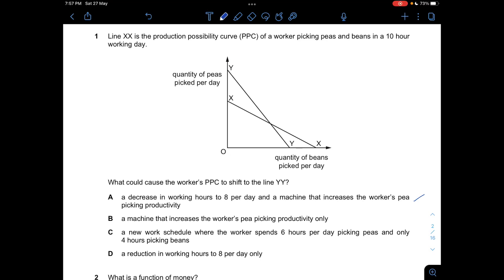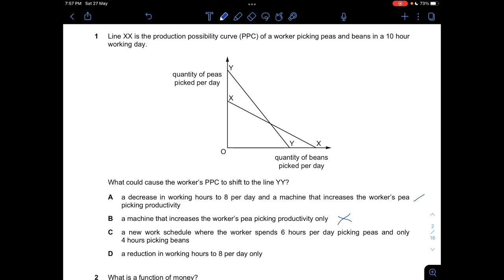Now, if they only add one machine that increases the workers' pea productivity, the quantity of beans picked per day will not shift from X to Y. It will remain the same because that's the possible quantity that can be picked for that particular day. So it will increase the quantity of peas picked from X amount to a higher amount, but it won't decrease the quantity of beans picked per day, so B is wrong.